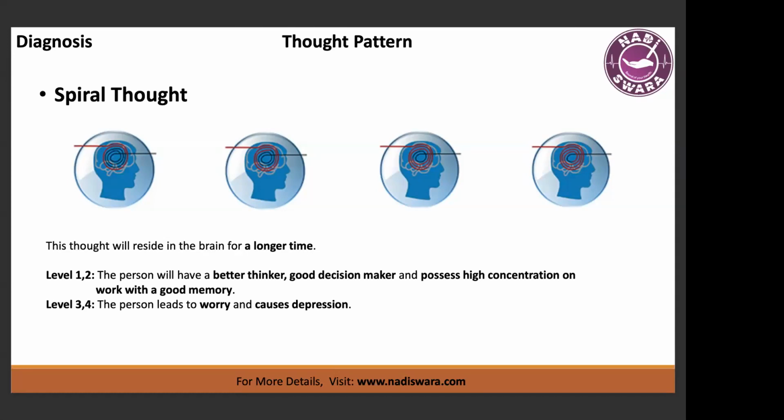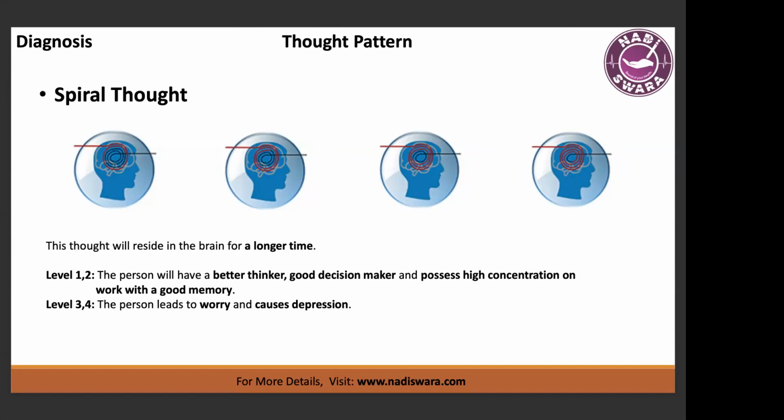There are so many instruments in the world to analyze you physically, like blood tests and scanning, but there is no instrument to analyze how you are thinking, how your thought is, and whether there is any effect from that.